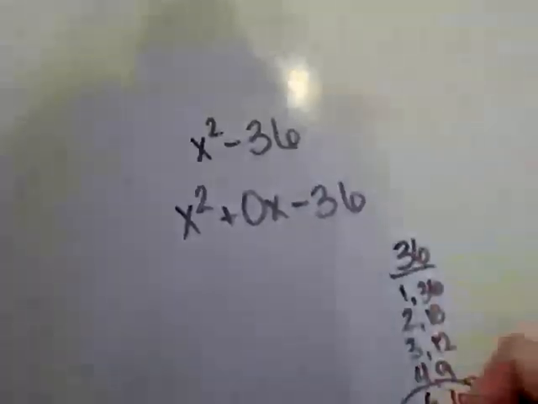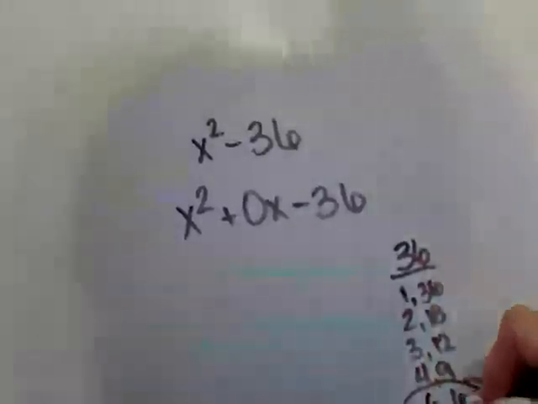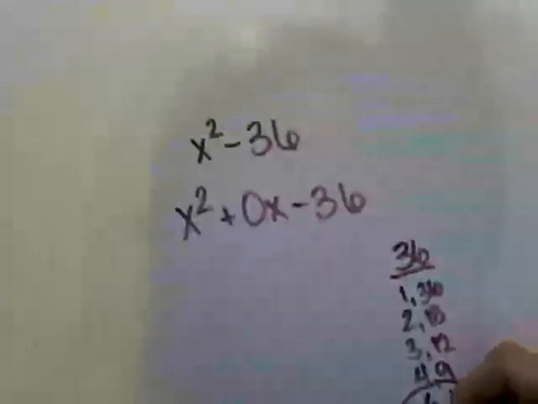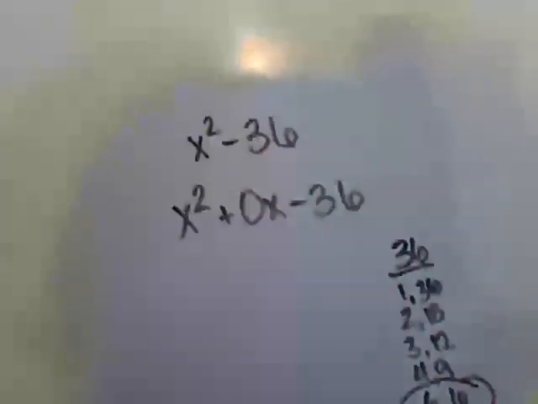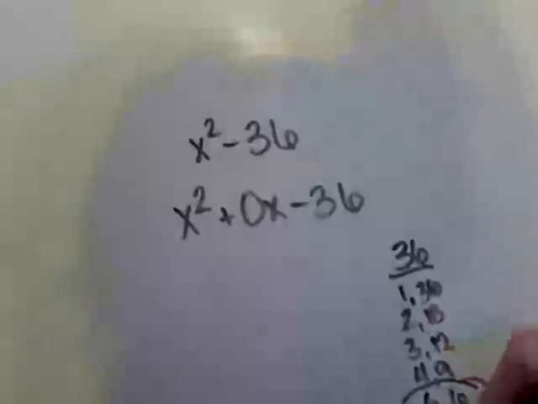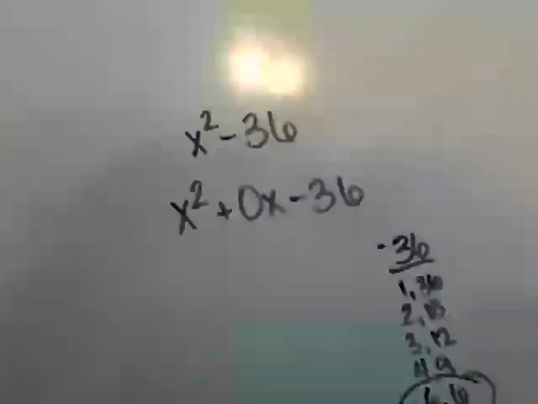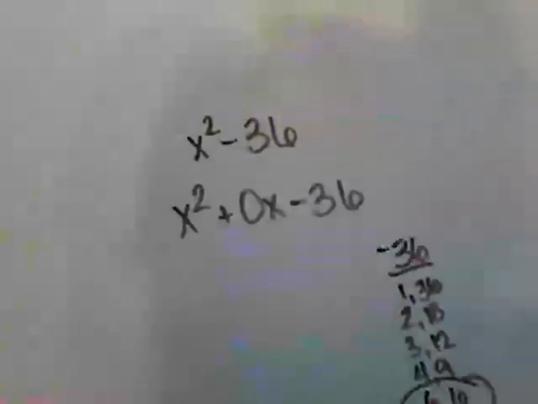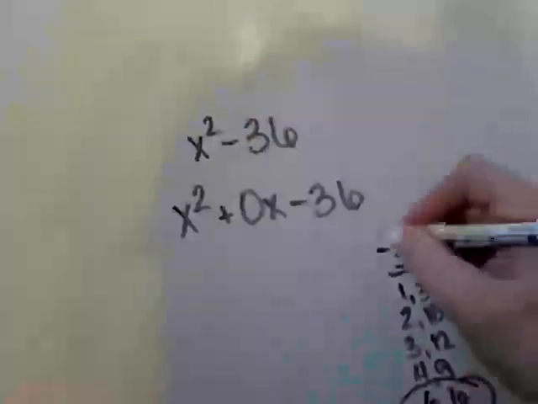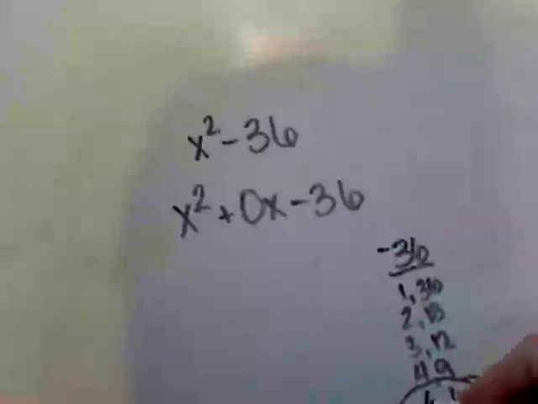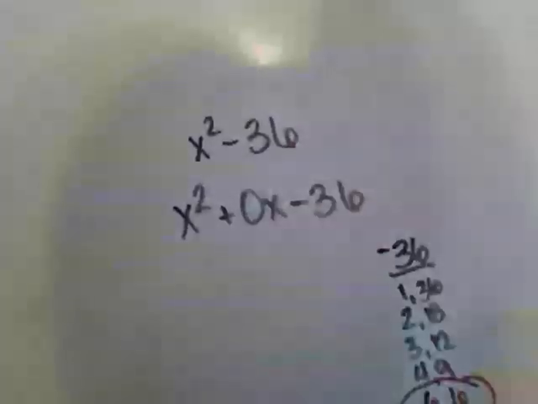The only way the 6 and the 6 can combine to make a 0 is if one 6 is negative and one 6 is positive. And that's okay because this was a minus 36, which means we're trying to make them multiply to make a negative 36. So negative 6 times 6 is negative 36, and if I add negative 6 and 6, it does make 0.